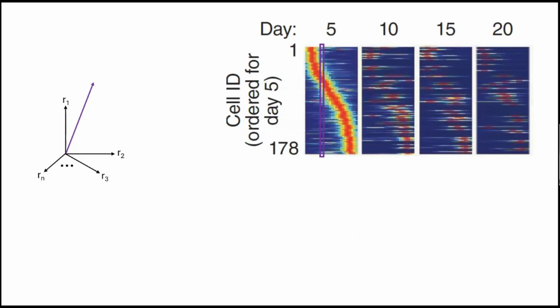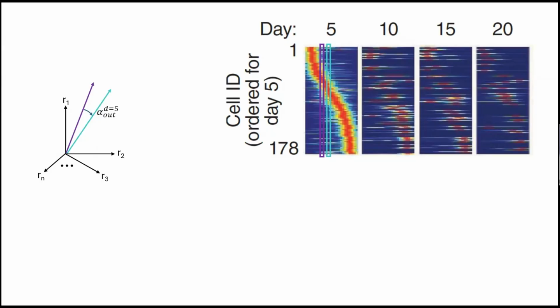In this case, it's 178-dimensional. Now I could look at a different position, say this cyan position. The pattern of activity is different, and therefore I get a different vector, and I can measure the angle between them. If I take a closer position, then the patterns of activity are more similar, and therefore this angle will be smaller.